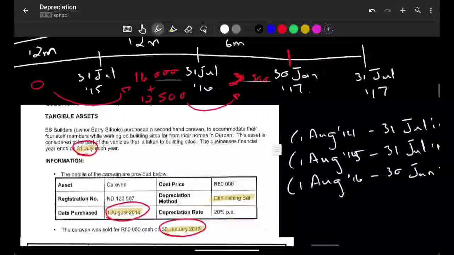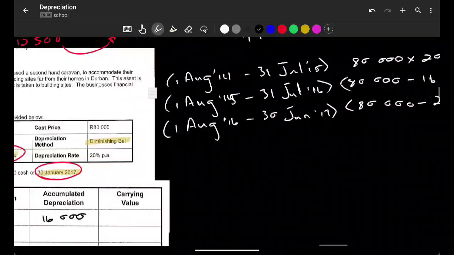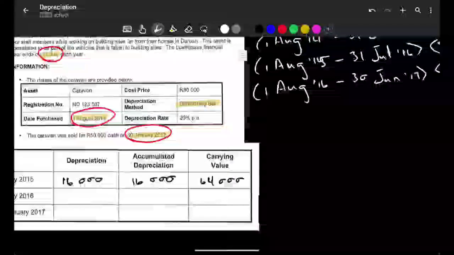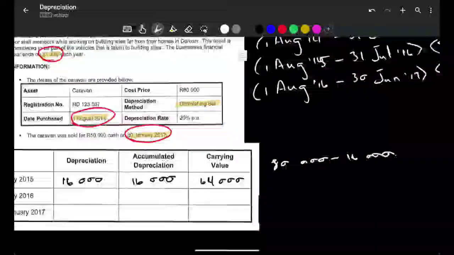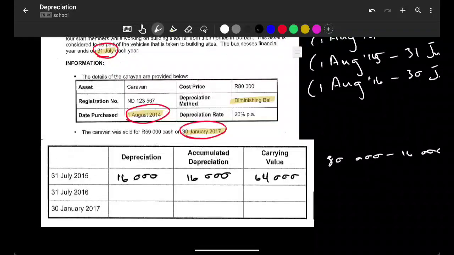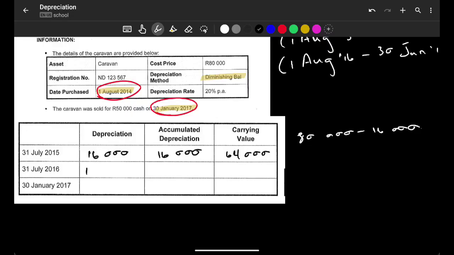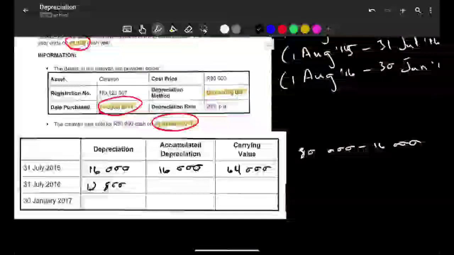Remember, 0 plus 16,000 gave us 16,000. Our carrying value there was 64,000. We calculated that by saying 80,000 minus 16,000, right? Then for year 2, our depreciation was 12,800.